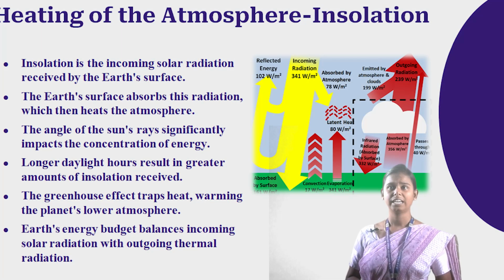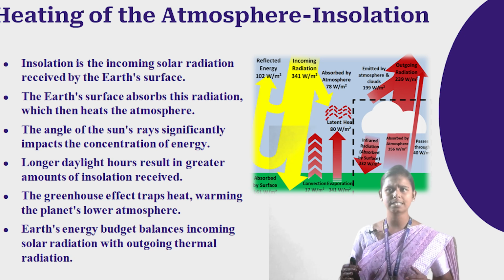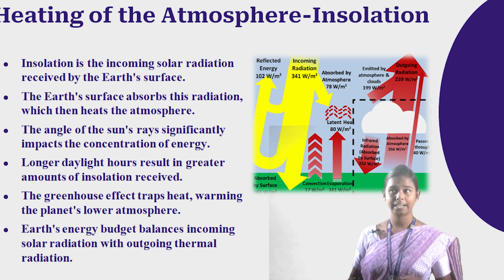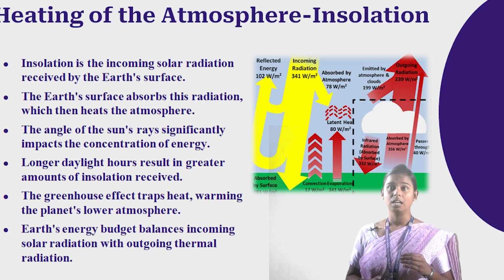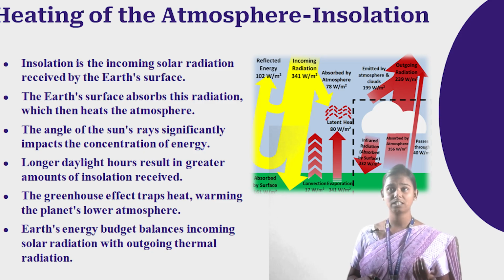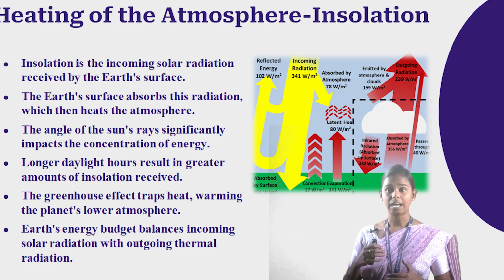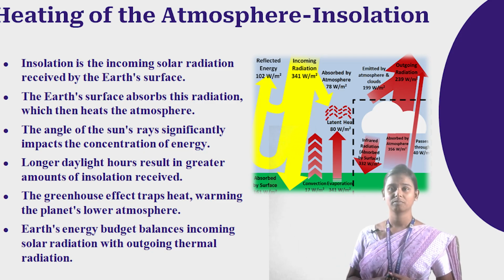And insolation. Heating of the atmosphere is insolation. So insolation is the incoming solar radiation received by the Earth's surface. The Earth's surface absorbs this radiation, which then heats the atmosphere. The angle of the sun's rays significantly impacts the concentration of energy.